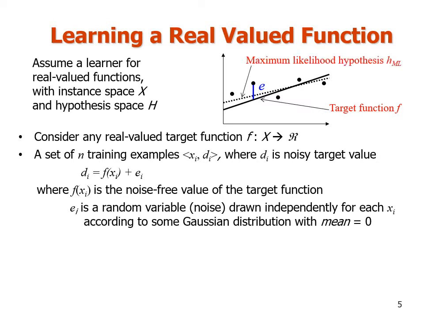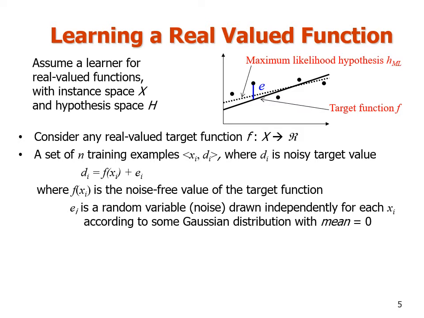The dashed line corresponds to the hypothesis h_ML, that is the maximum likelihood hypothesis with least squared training error.